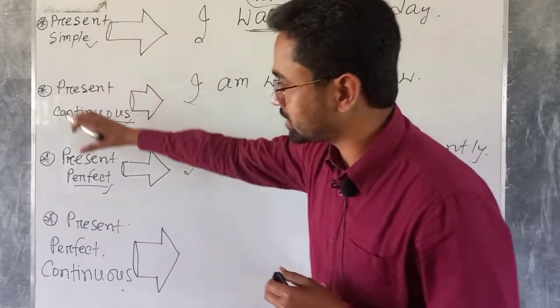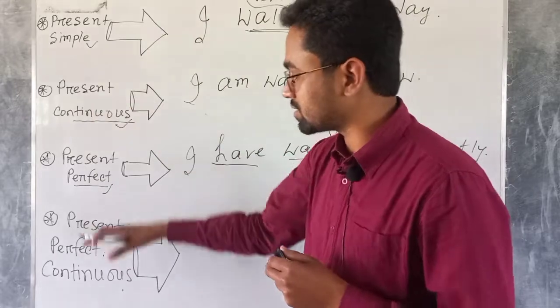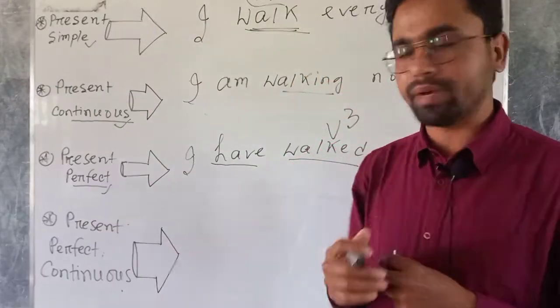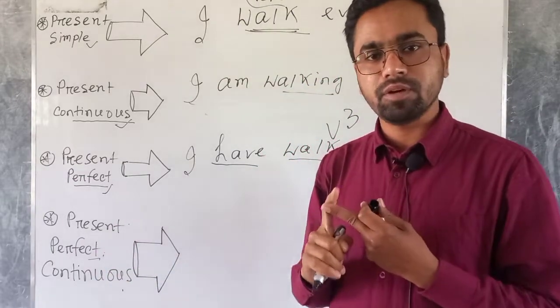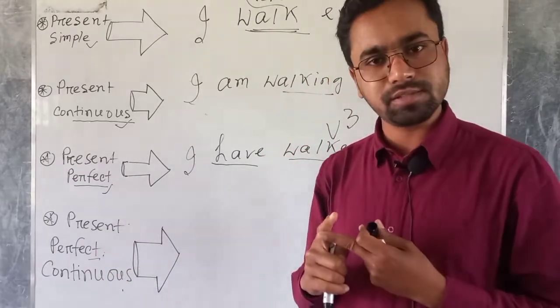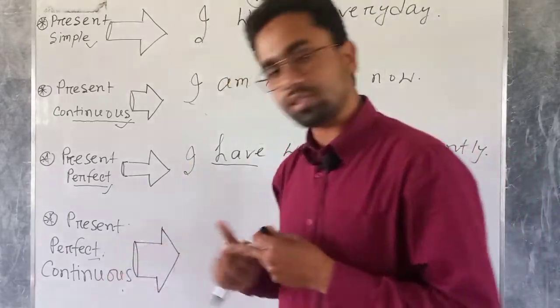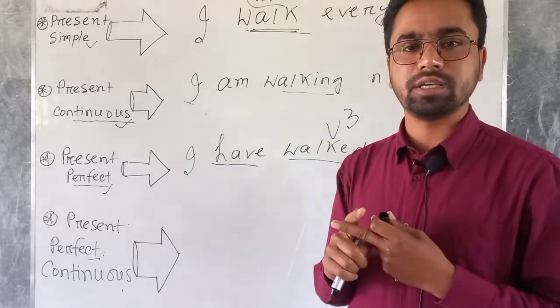All the three tenses, there is a blend of all the three tenses in this tense. So I want to mention, perfect means have, either have or has will be used in this sentence, and continuous, the verb will take ing.